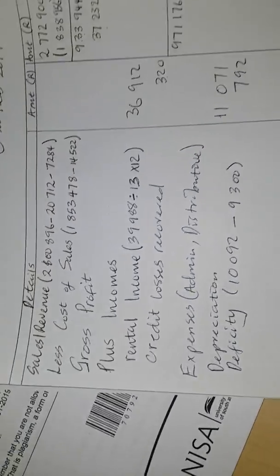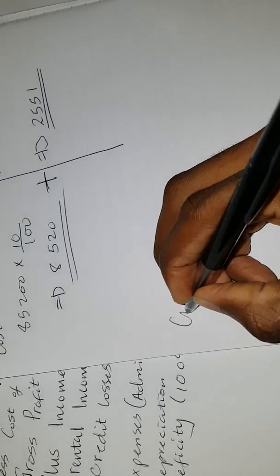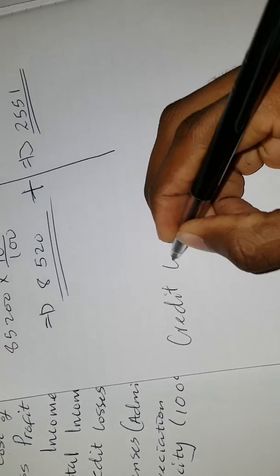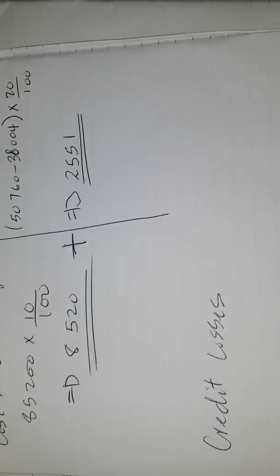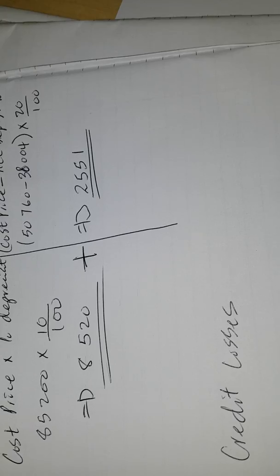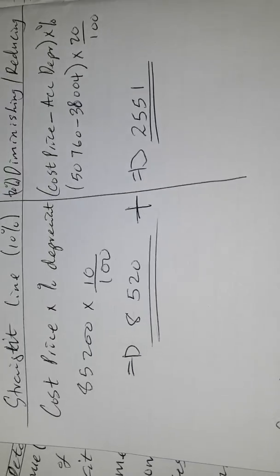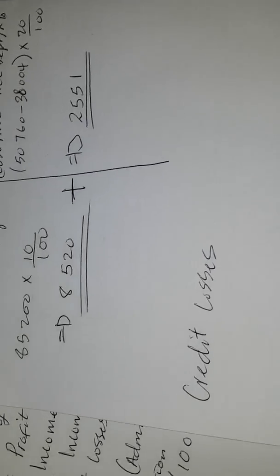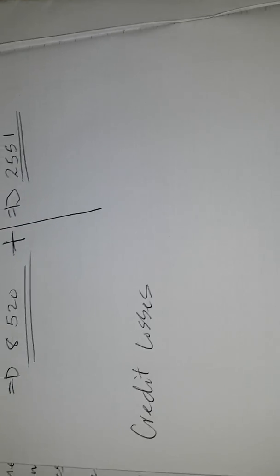The other calculation I want to start with again is for credit losses. You need to know how to calculate credit losses. Remember, credit losses occur when a business is selling on credit. Some of the customers don't pay, maybe because they are dead, or they are no longer working for various reasons.